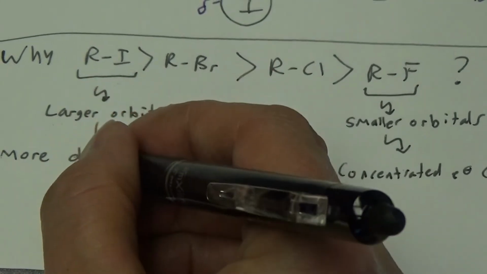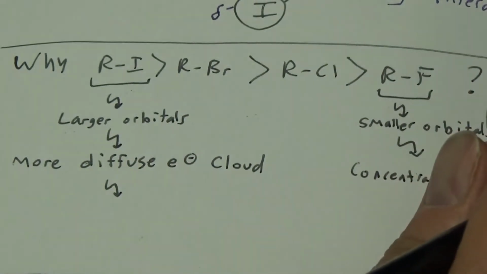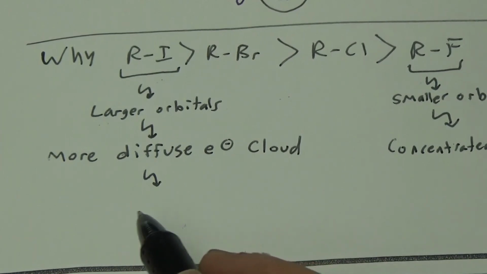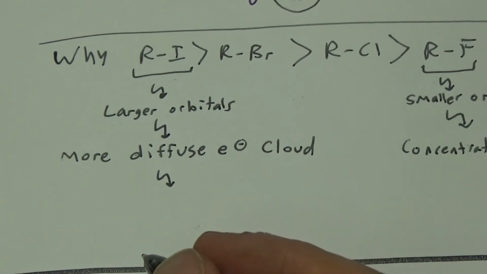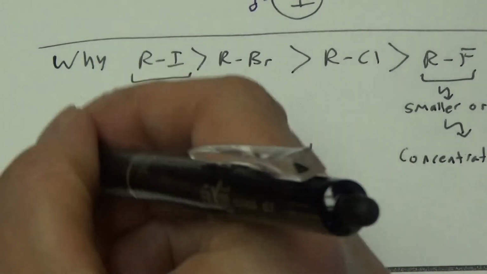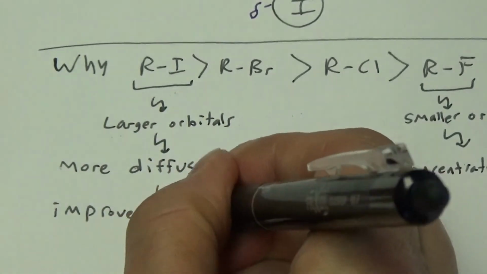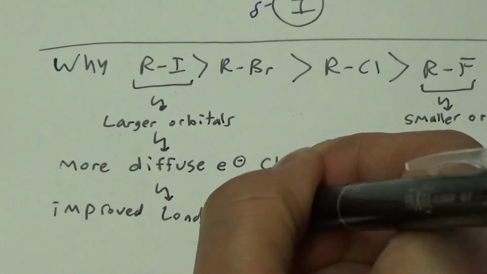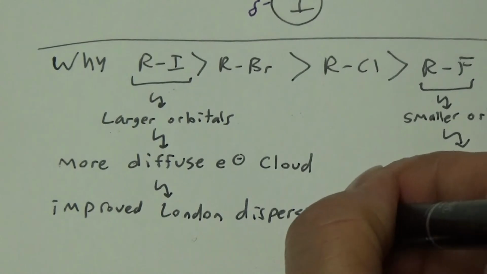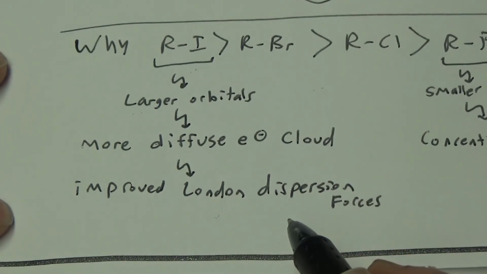And when you have a diffuse electron cloud, there's more of a surface effect. I'll try to draw that in a second, where basically you get improved London dispersion forces. The London dispersion forces are the same idea as induced dipoles.